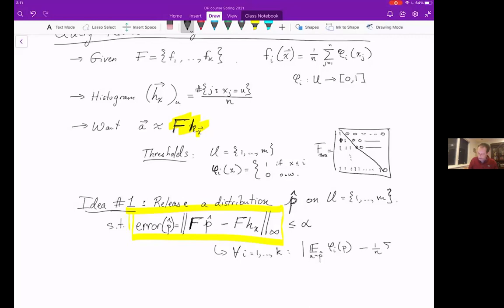So that's this quantity, the average over j equals 1 to n of phi_i of x_j, and it should be close in absolute value. The reason that this works out, if we write it out in terms of linear algebra, is that this is an inner product between phi_i and p hat, and on the right-hand side, we have an inner product between phi_i and the histogram for x.